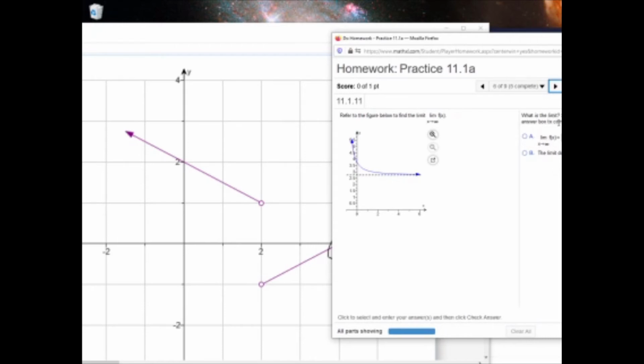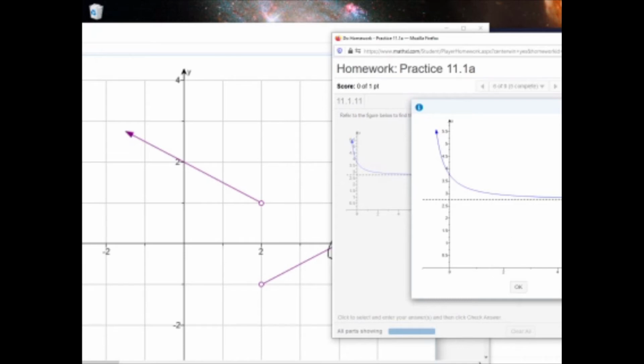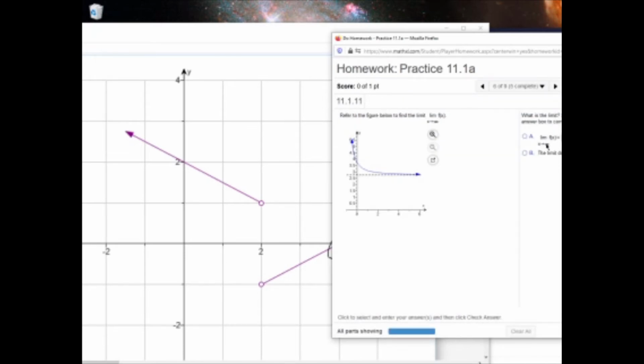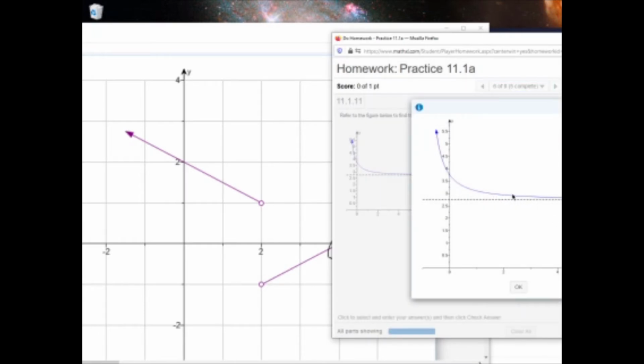So we just want to know what is the limit here. So here's our function, this blue line here. And we are going to infinity, so x goes to infinity. So that means as we go forever to the right, you can see the blue line, the function itself, is getting closer and closer to this dotted line.